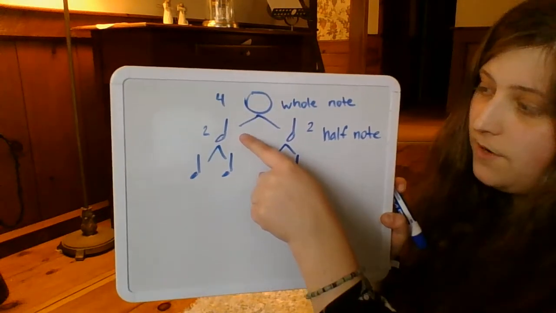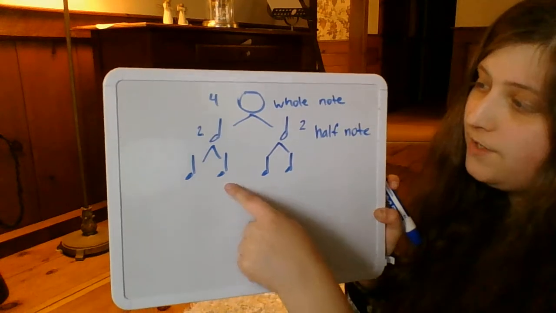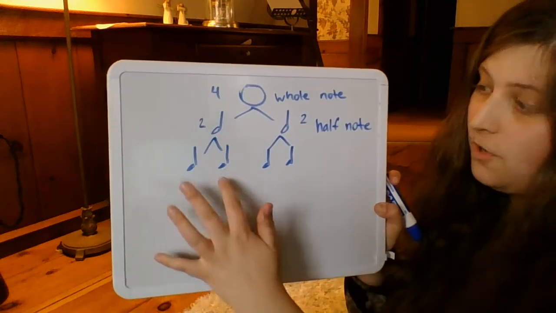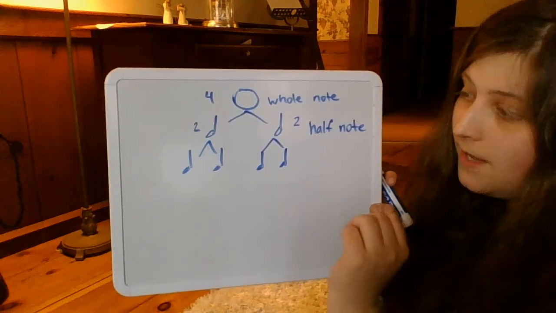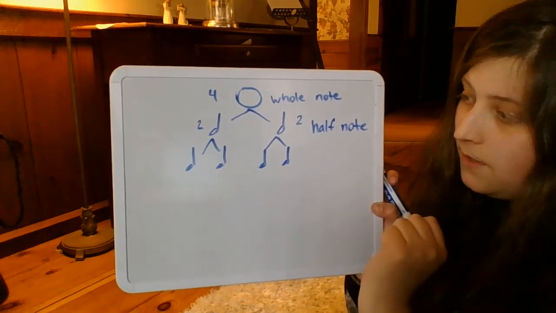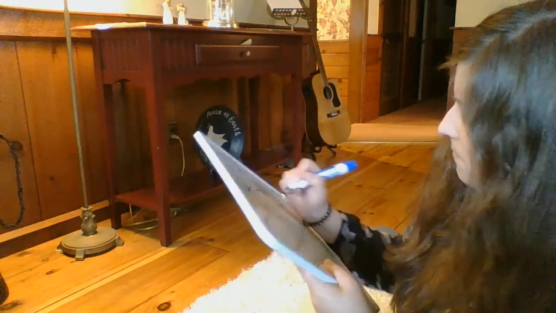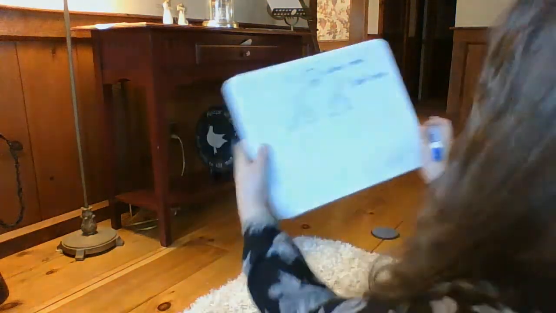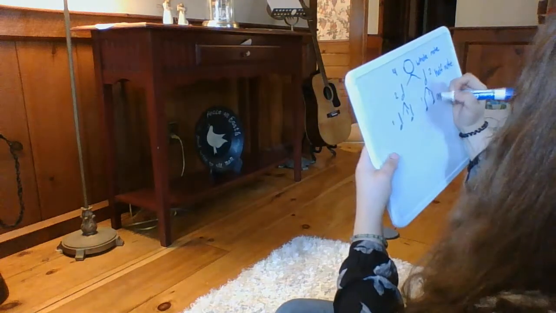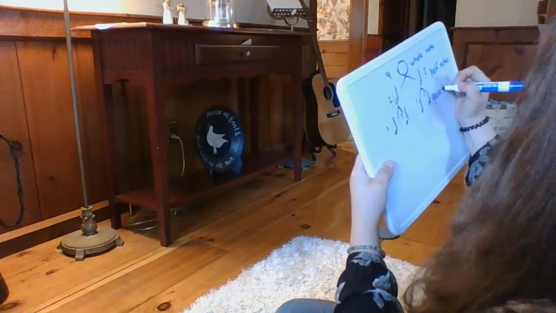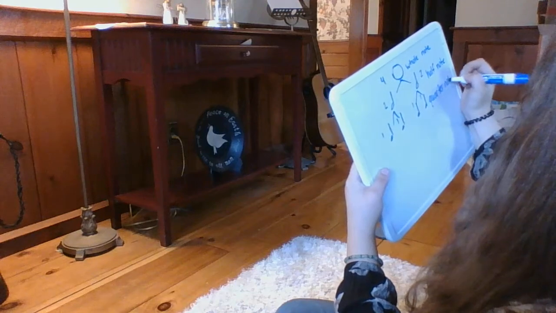Well, if a half note gets 2 beats and you need 2 quarters to equal a half, and the quarters are both equal, they have to be the same number. What number is it? It must be 1, right? The quarter note gets 1 beat. That's called a quarter note.